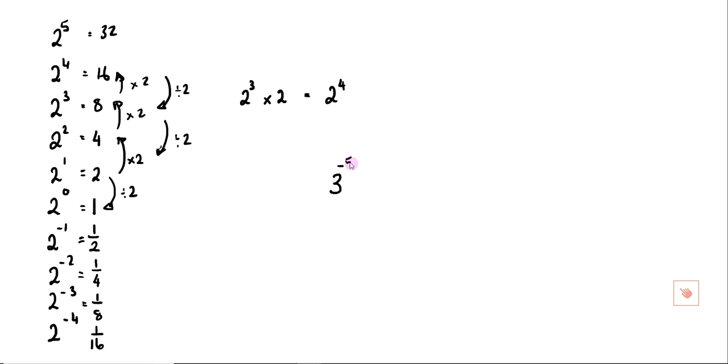Let's say I have 3 to the power of negative 5. I could write that as 1 over 3 to the power of 5, without having to work out what 3 to the power of 5 is.